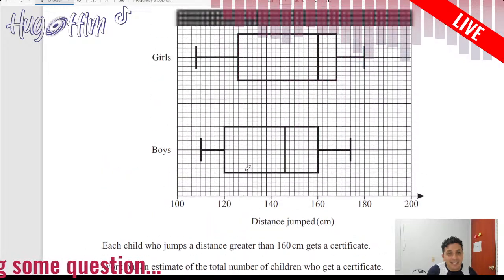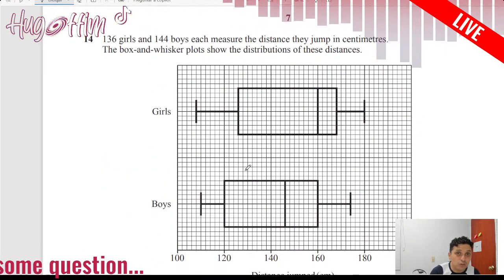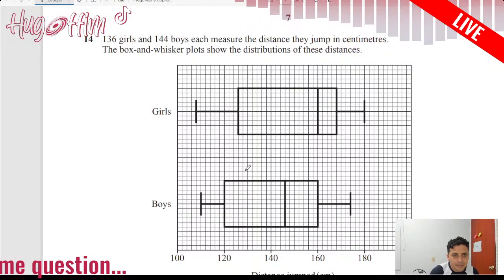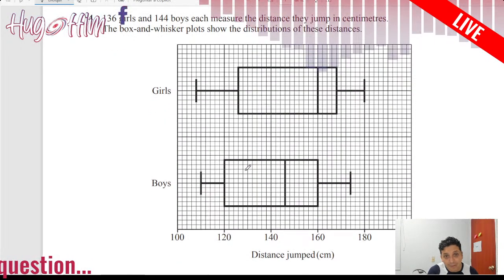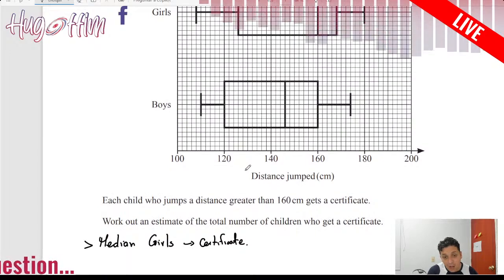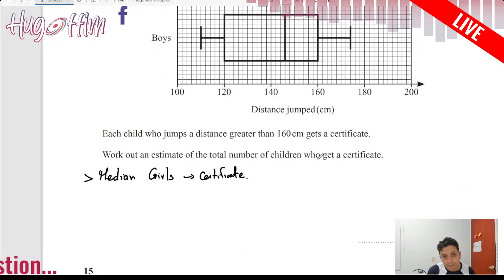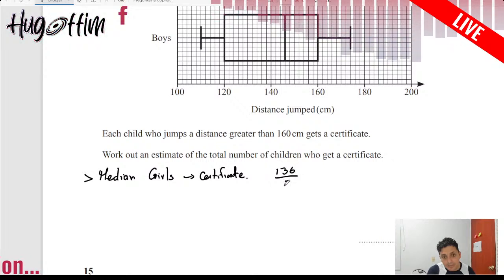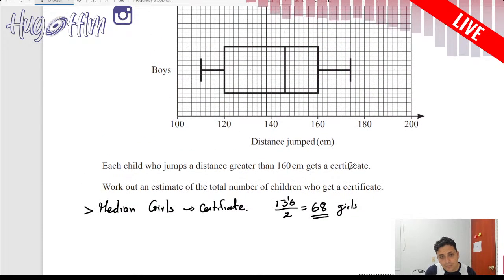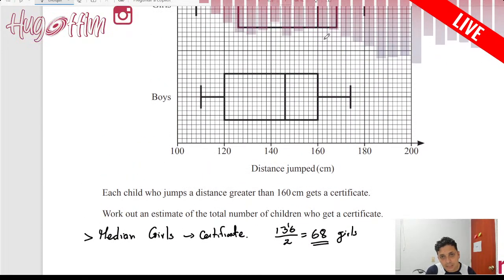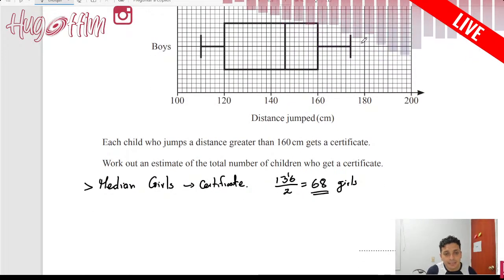Remember that the median is the one that divides the distances in two equal parts. They have 136 girls, so half of them got the certificate. 136 divided by 2 is 68 girls. Because if I organize the data from least to greatest, 68 girls are going to be less than 160, and 68 girls are going to be greater than 160.